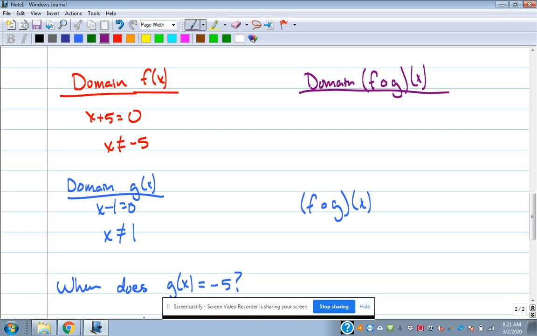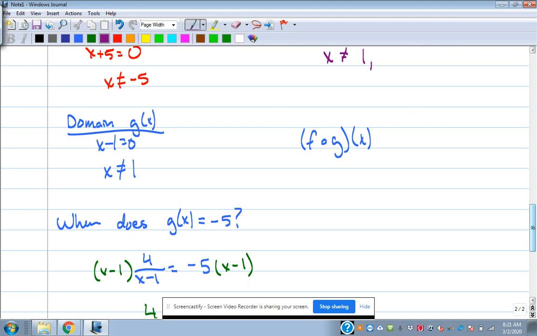Because the way the composite function is, the second function listed in the composite statement has the x's first, and then you get answers from those and put those into that. So the restrictions on the domain of this one, x can't equal 1, and then the restriction that comes from the first one isn't -5, because that's not going to be an x value that we're going to use. We're going to use the y values from g of x. So the restriction comes from this work that we did. That's the 1/5.